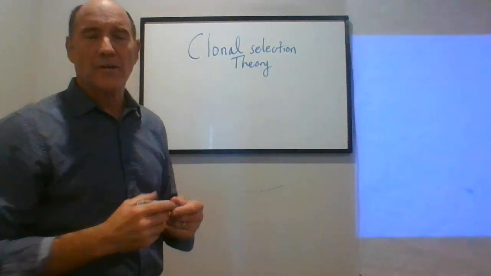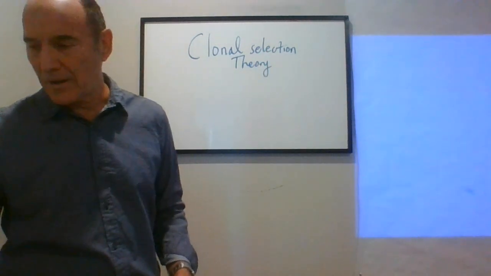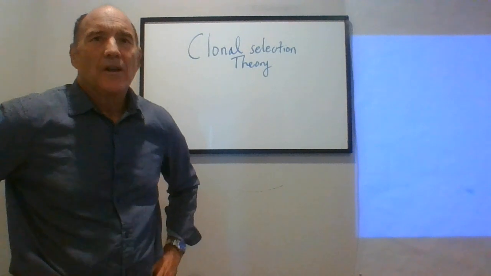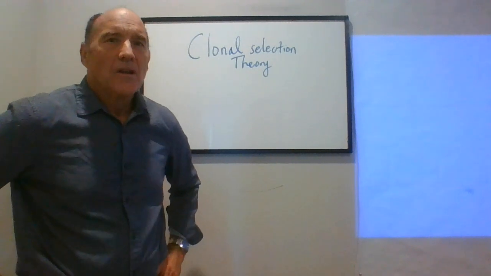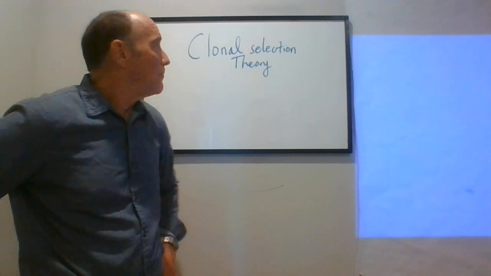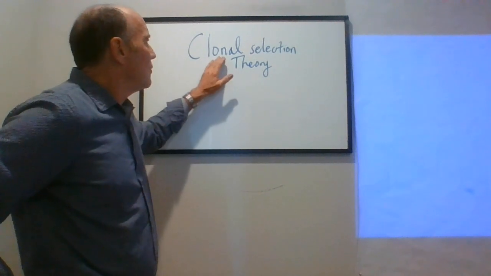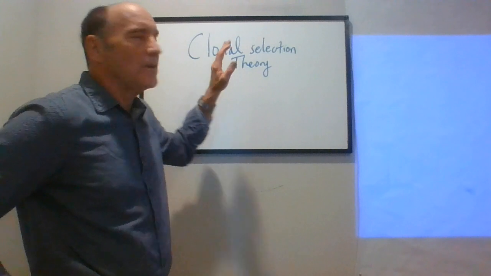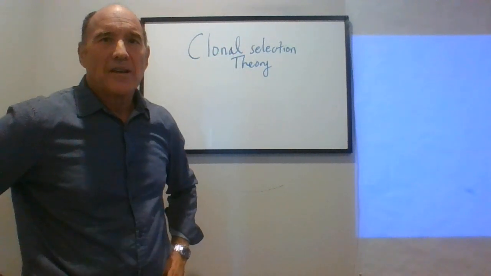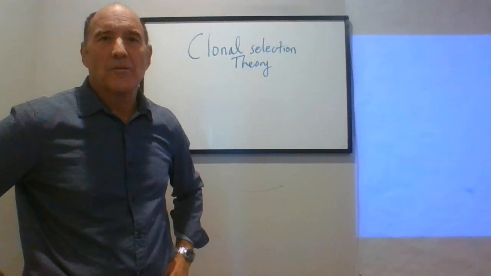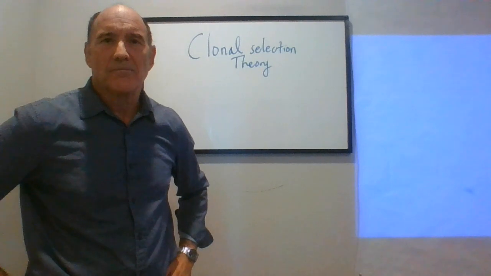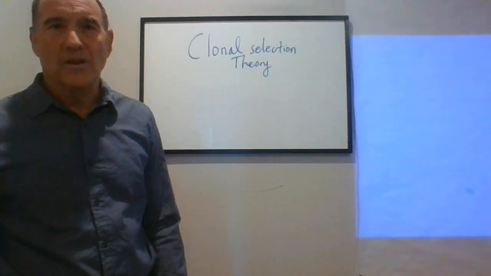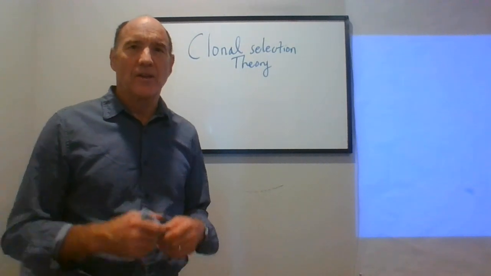The clonal selection theory is what they believe is the way that you develop immunity to pathogens during your lifetime. You've been selected to make a clone of antibody-making cells, certain plasma B cells to a certain pathogen. Clonal selection. So here's how that works.